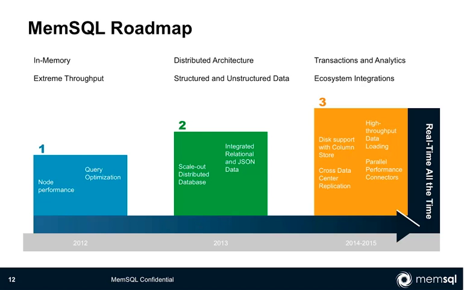All of this, of course, is our path to get customers to real-time all the time. And in today's world, we find that while there are elements of real-time operation, customers are frequently not able to do everything they need in real time, and MemSQL is chartered to help them get there.